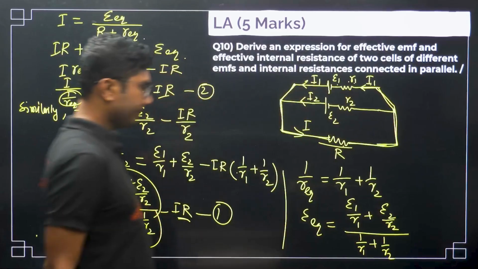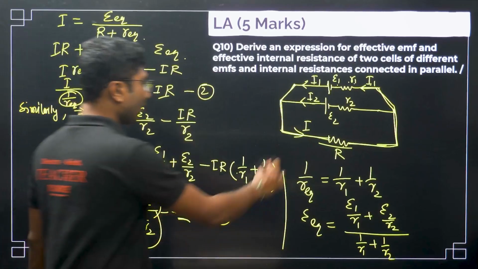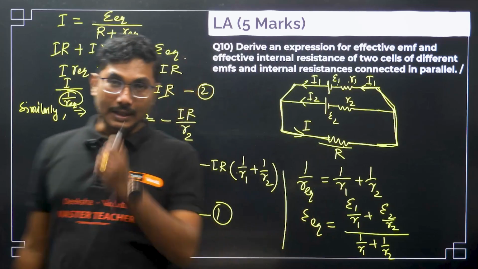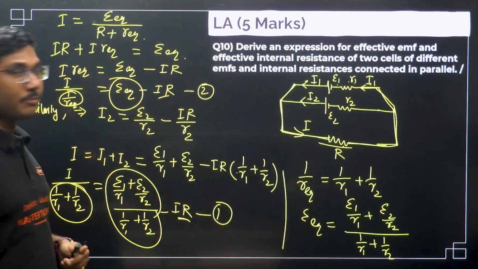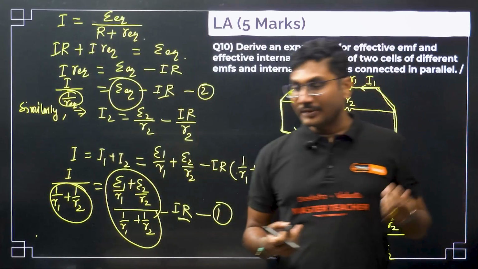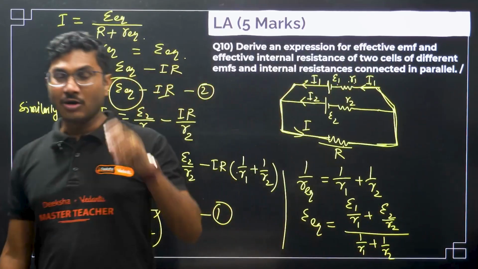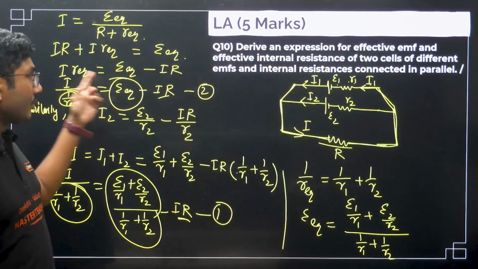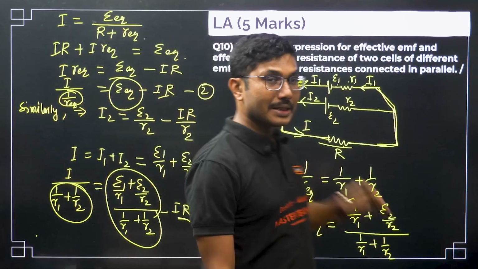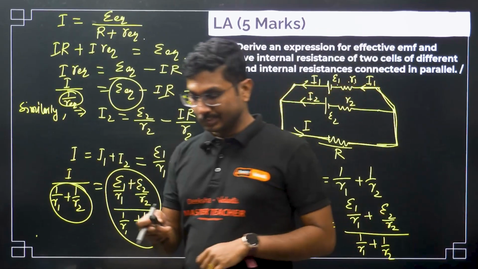If you remember this derivation, practice it one or two times. It will be very helpful for you to understand and remember the steps. The steps are very important and specific. If you try to solve it in some different way, that might not work. You may not be able to figure out how to compare it and what the value will be. So this is one of the simplest ways to do the derivation.